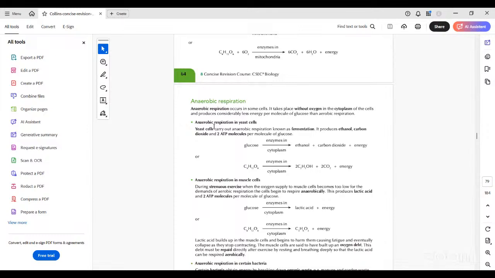So the yeast fermentation process produces alcohol, carbon dioxide, and two ATP molecules, right? And ATP stands for, if you don't know, adenosine triphosphate. And then lactic acid. Can somebody explain how lactic acid is formed? How is lactic acid formed?